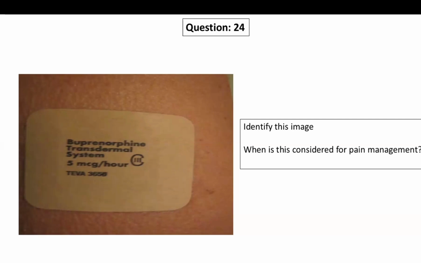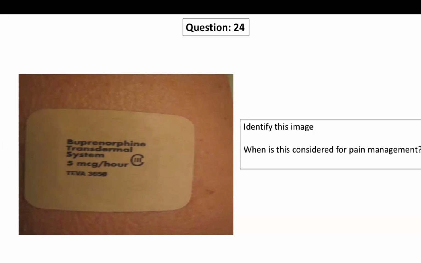If the pain is not controlled by the tablet analgesics, then we can give the patch form.